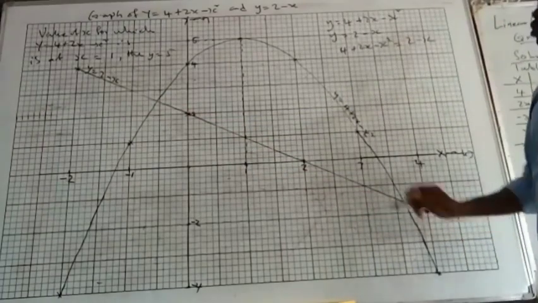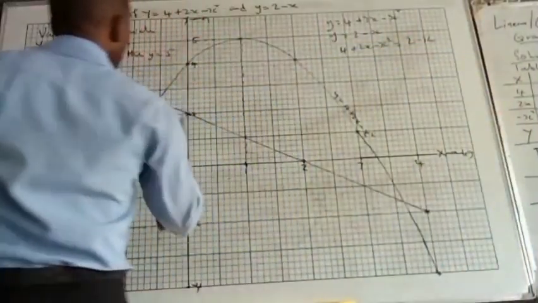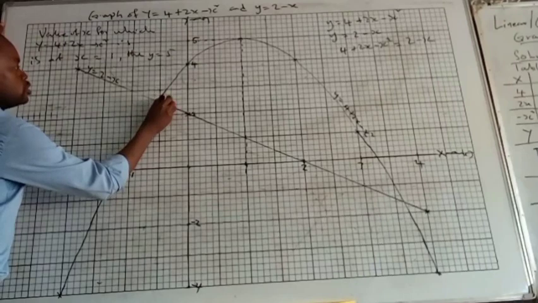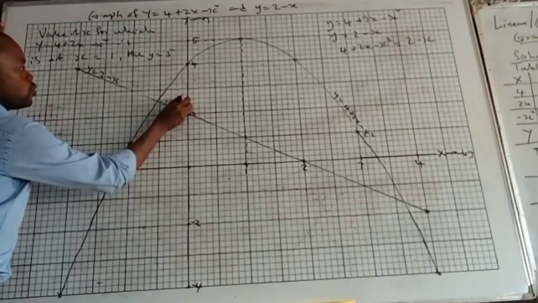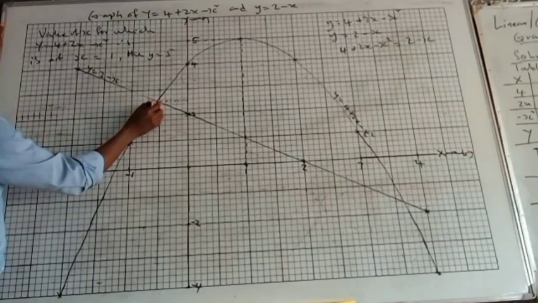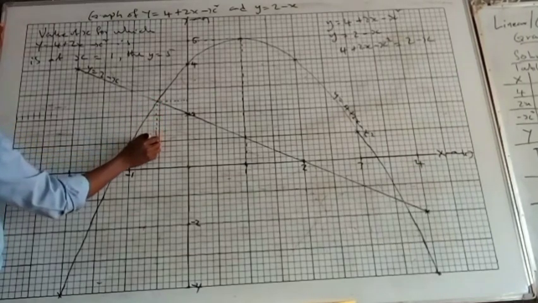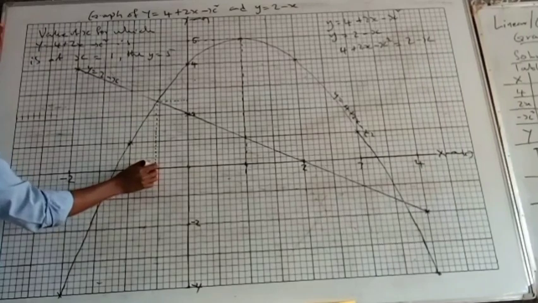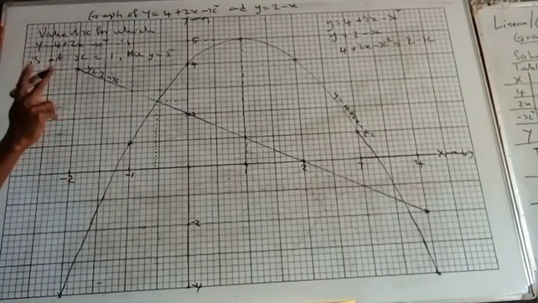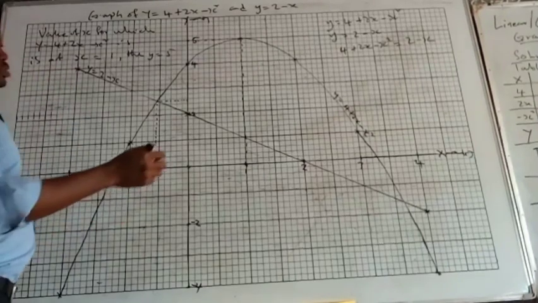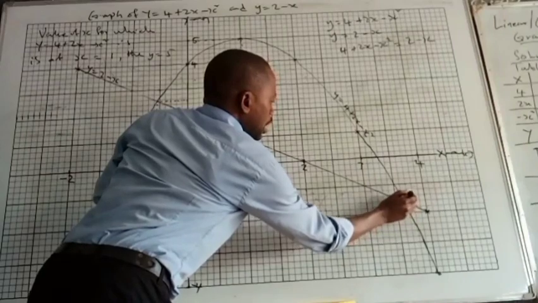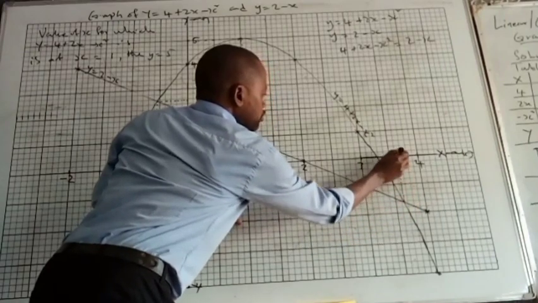Yes. Good. You will come here and follow this intersection and go to the y axis. Determine the value of y there. Also follow there, come to the x axis and determine the value of x there. These are the first pair of answers you get. You also come here at this point of intersection, follow it and go to the x axis, determine the value of x there.